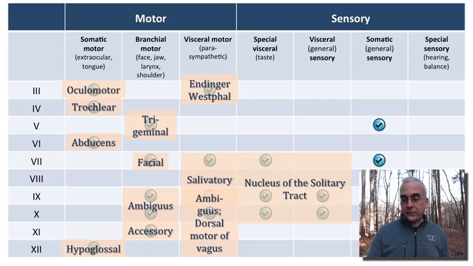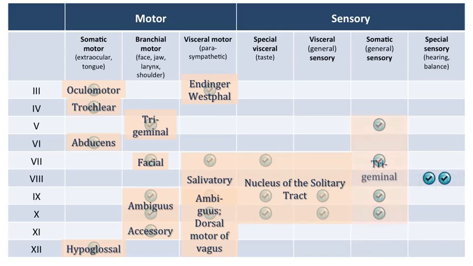Our general somatic sensory system is, again, conveyed via multiple nerves, but to one nuclear complex, and that nuclear complex is the trigeminal nuclear complex. Now, when we get into our discussions of somatic sensation, including mechanosensation and pain and temperature sensitivity, we'll see that we can subdivide this trigeminal nuclear complex into 3 major parts, but we won't get into that now.